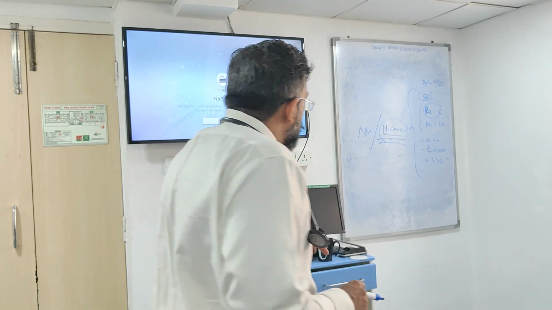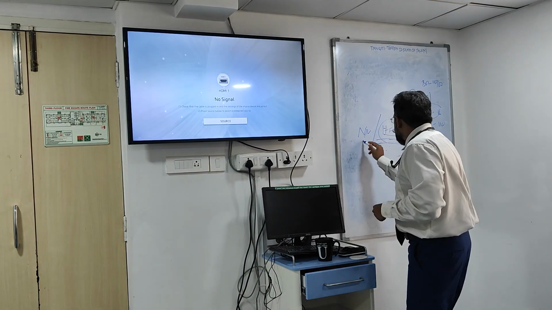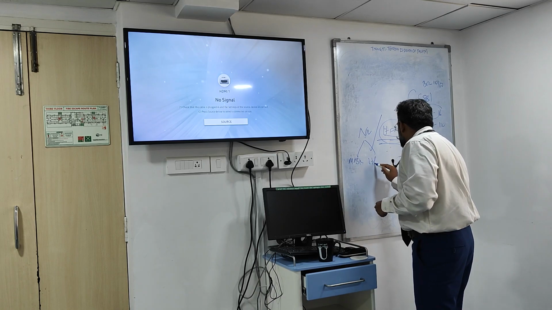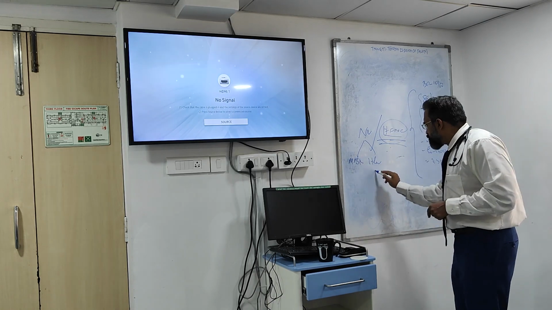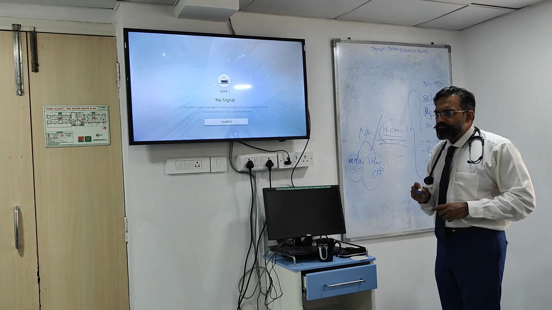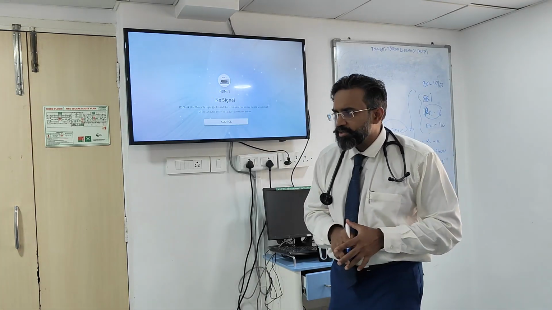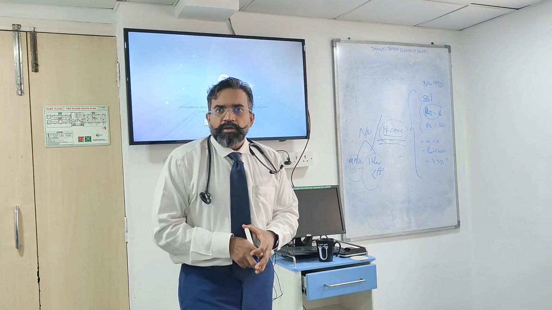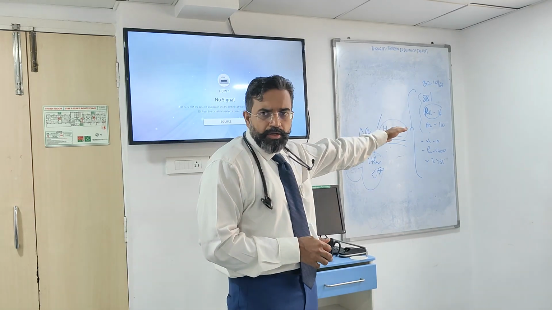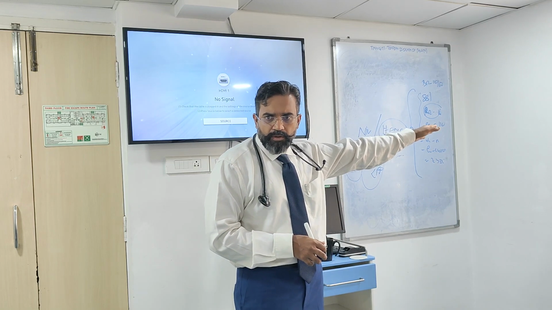So in NIV there are various interfaces. There is mask and there is helmet. From studies, what we know is that if the PF ratio is less than 150, the helmet is supposed to be superior as compared to the mask. Clear? If your PF ratio is less than 200, I'm going to give HFNC if the RR is okay.